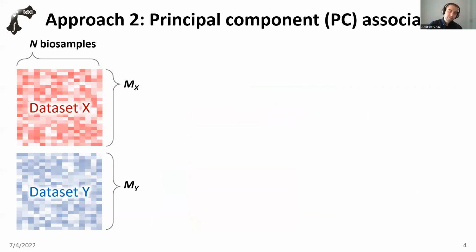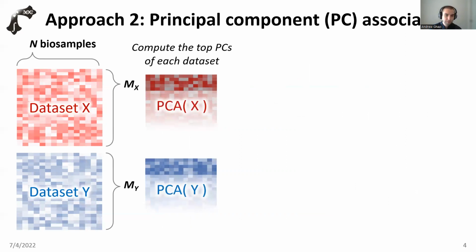An alternative approach is to use something like principal component association, where rather than looking at the raw features and comparing them, you first compute the top principal components for each of your two data sets. You can think of the dimension reduction as reducing the number of features you need to examine for associations.